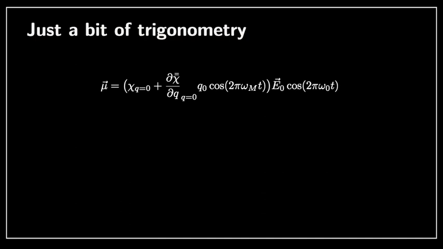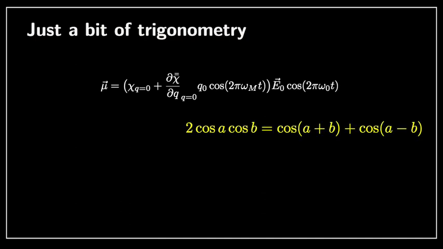If you are familiar with these fundamental equations, when you have a cosine times another cosine, you should have almost a Pavlovian-like reaction to use this equation for the product of cosines, where you can replace the product of cosines as the sum of the cosine of the addition and subtraction of the arguments. This is a basic equation in trigonometry.